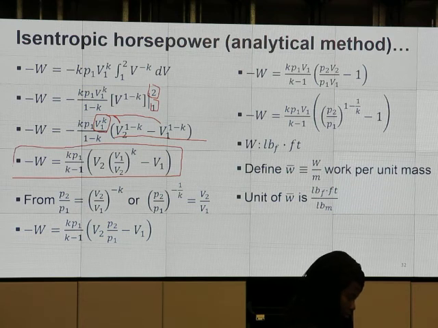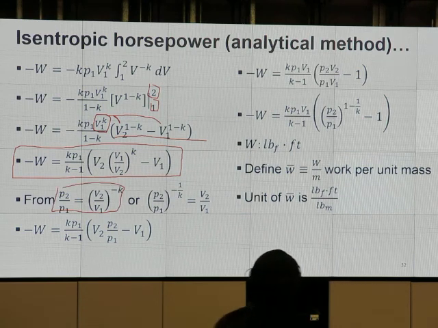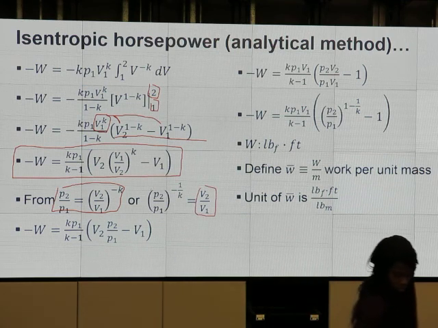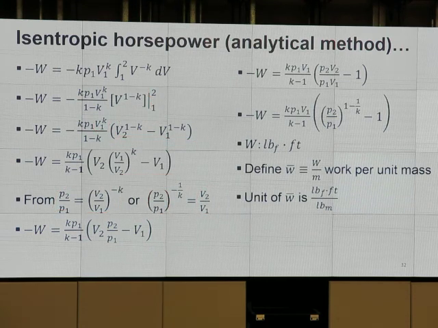Now I just rearrange it. I know the relationship between pressure ratio and volume ratio. Then I know that volume ratio should be pressure ratio to the power of minus 1 over K. I put it inside. Then I get this.